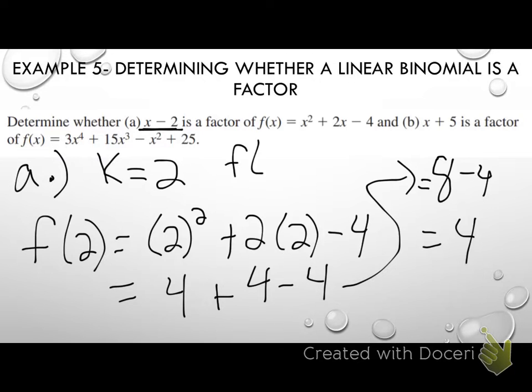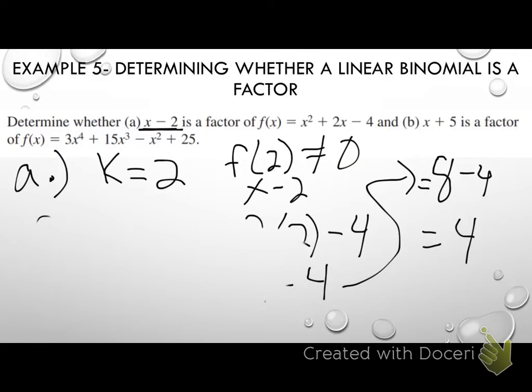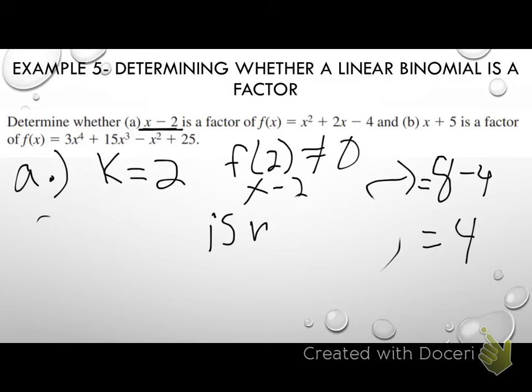So since f of 2 does not equal 0, I know that x minus 2 is not a factor. Does that make sense? We plugged in our k value. We did not get 0, so it's not a factor. Everyone good with that?